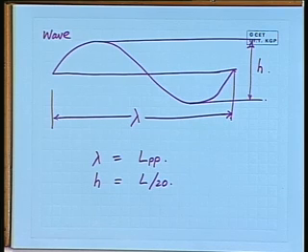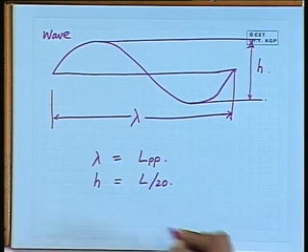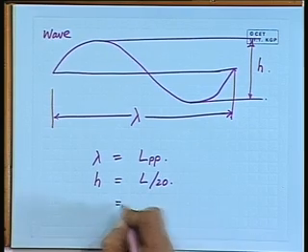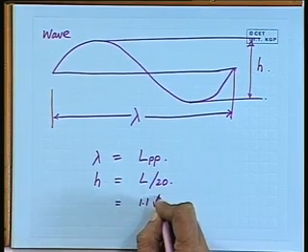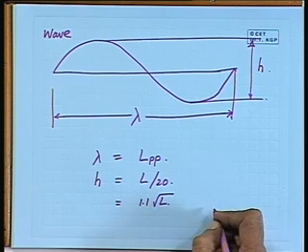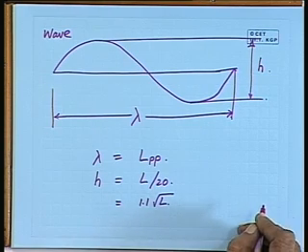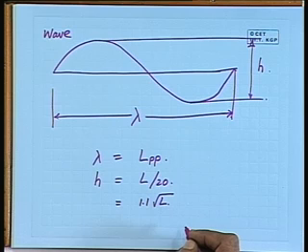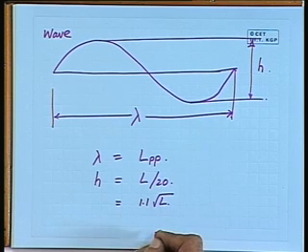for ships less than 300 feet in length. It is taken as 1.1 root L for ships more than 300 feet in length, and then it is also taken as a different formula.